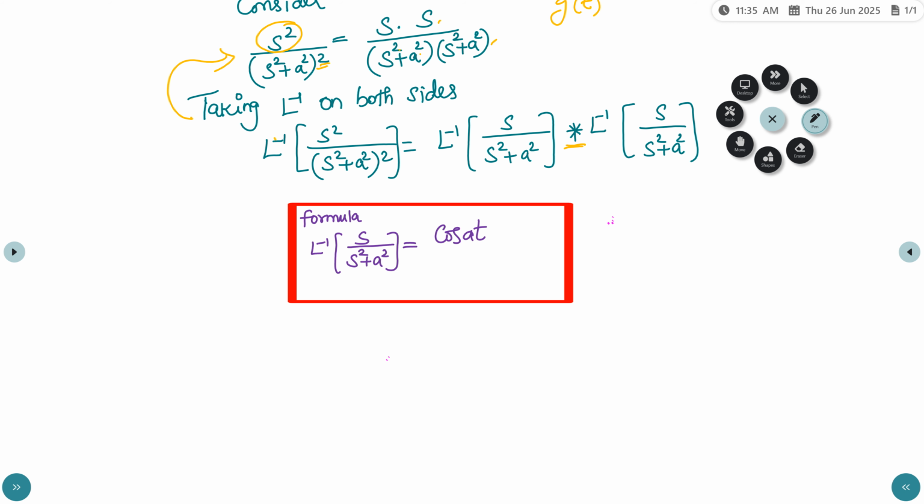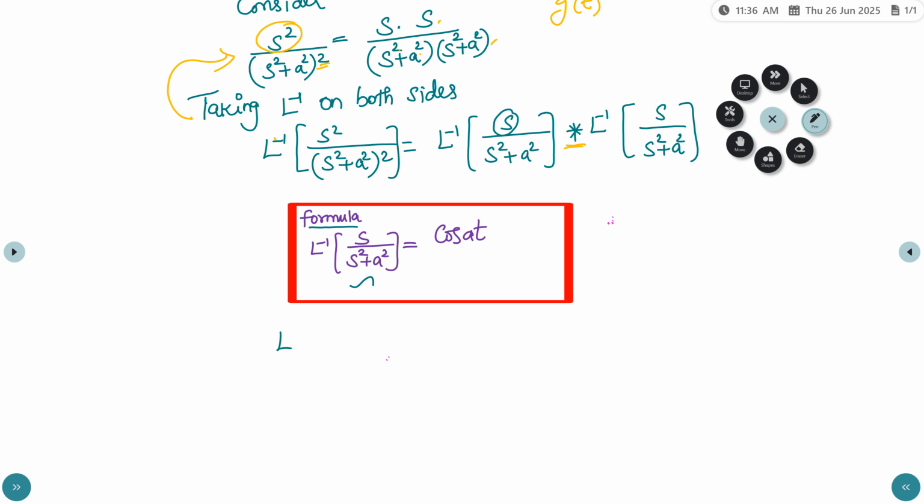We already have the formula for L inverse of s by s square plus a square. The inverse Laplace transform of s by s square plus a square is equal to cos at. If s is in the numerator, it is cos at. If the constant a is in the numerator, it is sin at. So in our function, s is in the numerator, so the answer is cos at.